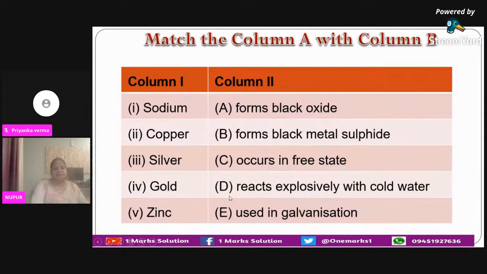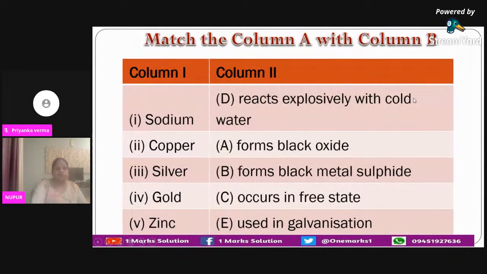Now D is correct. Sodium reacts explosively with cold water. So you will write 1, then an arrow, and you will write D. So that is how we do match the following when we reach higher classes. No line formations over here.